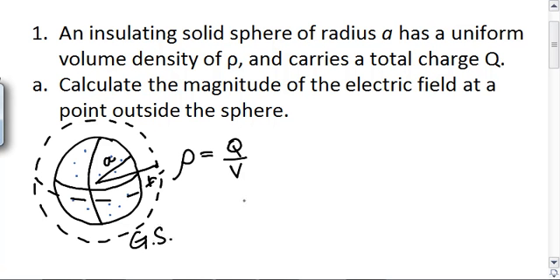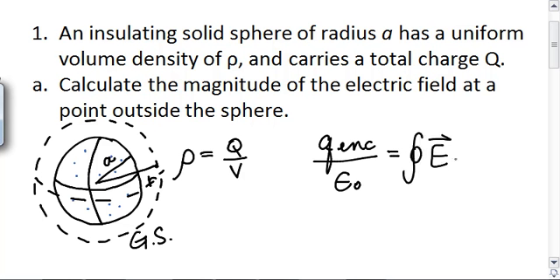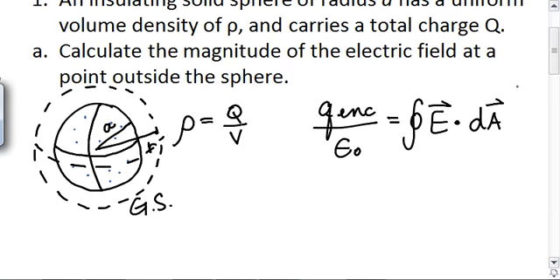Now, Gauss's law says that the charge enclosed by the Gaussian surface divided by epsilon naught is equal to the closed integral of the electric field dotted with the area that is perpendicular. That's the fancy way to write Gauss's law out.